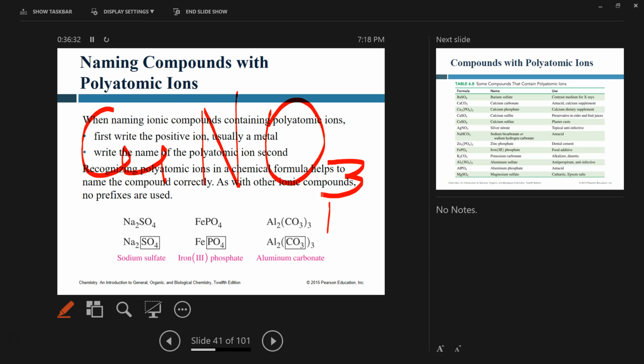So if NO3, the whole anion here, has a charge of -1, what's the charge on the copper? +1? Yeah. So the name of the compound will be copper 1 nitrate, because copper is a transitional metal. We good?